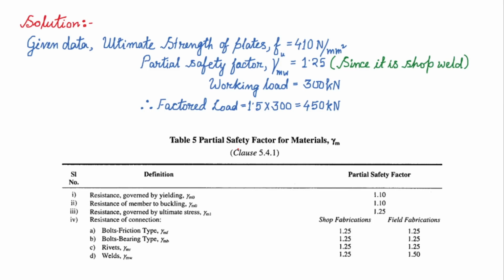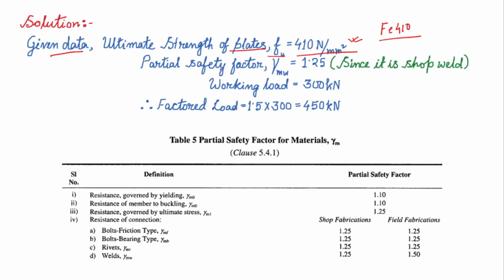Like the all other previous problems, here also I have noted down the given data. Ultimate strength of the plate Fu 410 Newton per mm square. So in this question, the grade of the plate is not given. So we have assumed that it is Fe 410. So the ultimate strength of the plate is assumed as Fu 410 Newton per mm square.